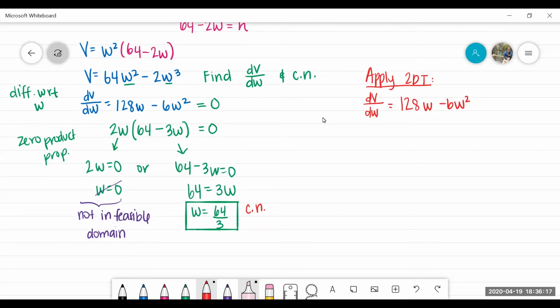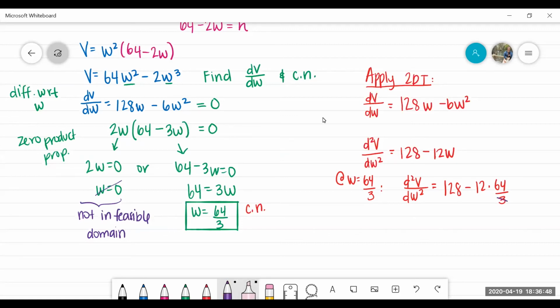So if we take that second derivative, we get d squared V over dw squared equal to 128 minus 12w, and we want to do this at w is 64 thirds. So 128 minus 12 times 64 over 3. This is going to cancel, so this is going to be 4, and 4 times 64 is 256.